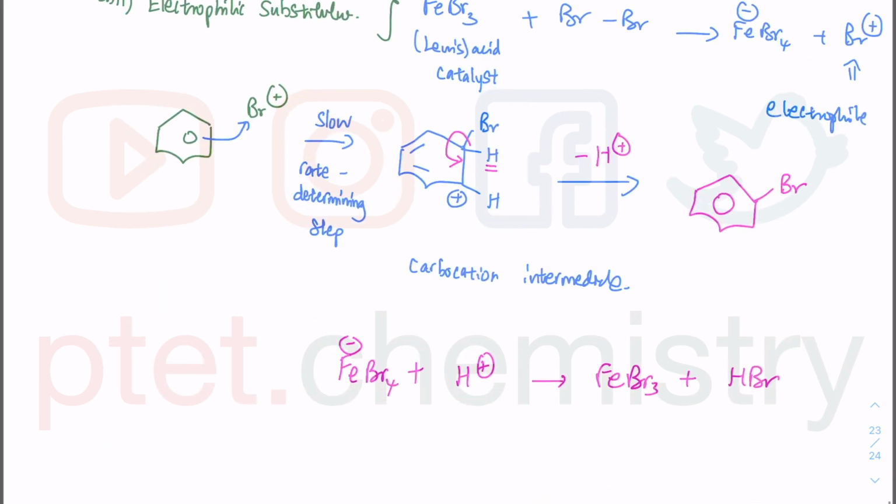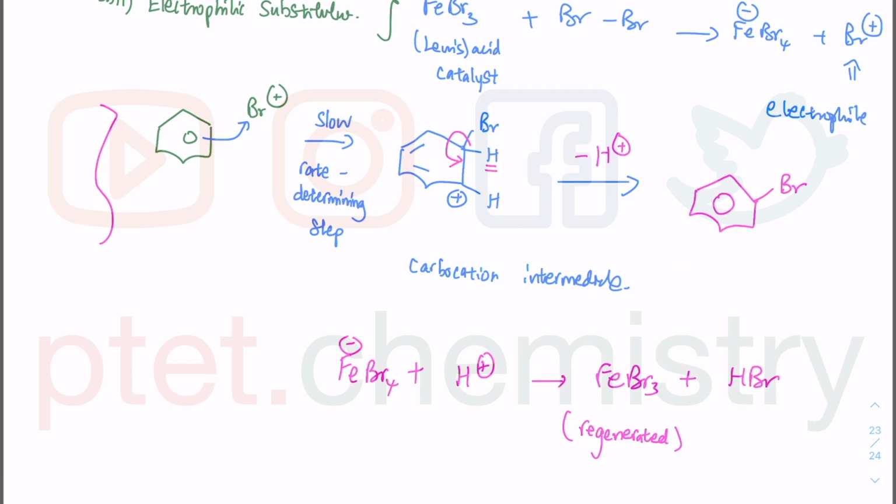A catalyst is not used up in the reaction. It is simply involved in the reaction, but you get back the catalyst in the end because you will lose the Br minus and combine with the H plus, giving you the other product as was requested in the early bit of this question. So this is the main mechanism that you're supposed to master for your A2.